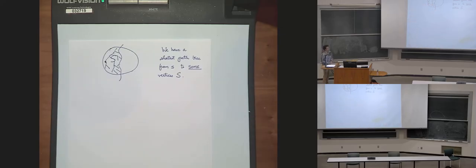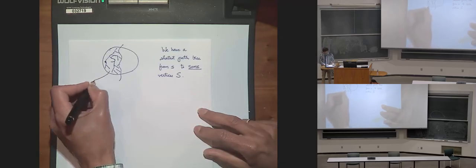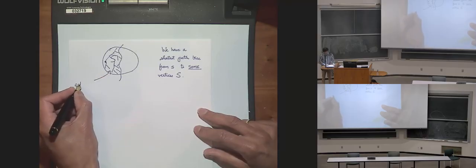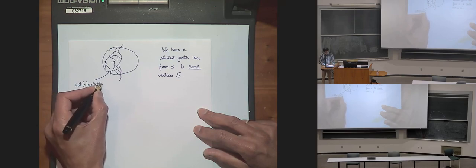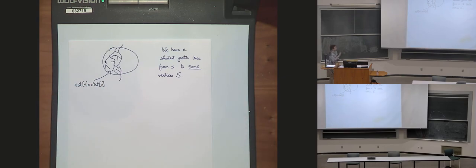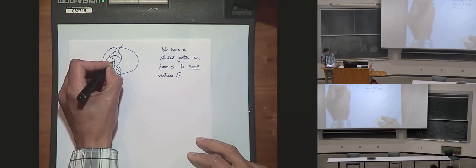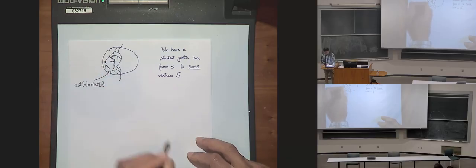Okay? And so the idea is that here S of V is equal to dist of V. Suppose you know this. And the base case for this is, of course, when S is just a single node. When the whole set is just one node, then that is true.